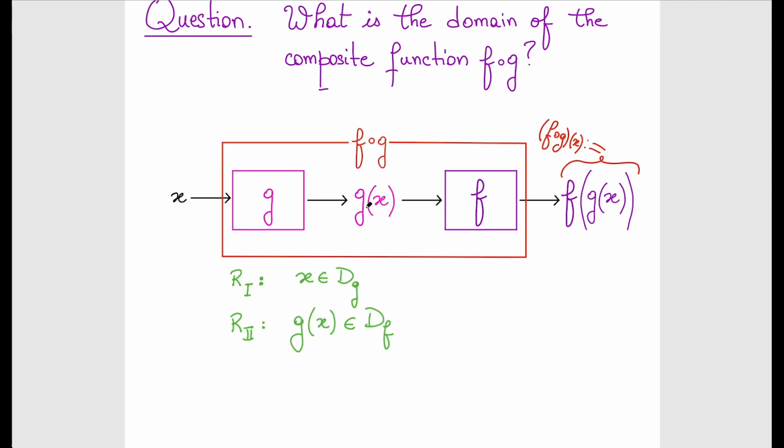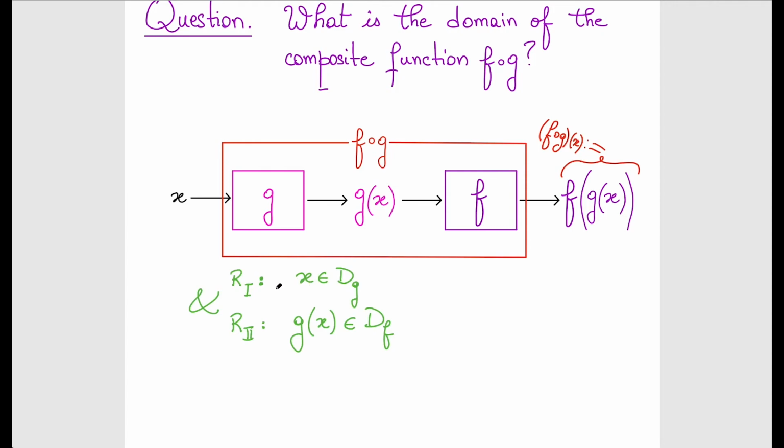And then, if this guy is accepted by f, f is going to be able to output that thing, which is going to be the output of the entire machine. So this is going to be okay now. It's going to be produced. And the process goes smoothly as long as this demand is fulfilled and this one as well. So it's a combination of the two requirements. Okay?